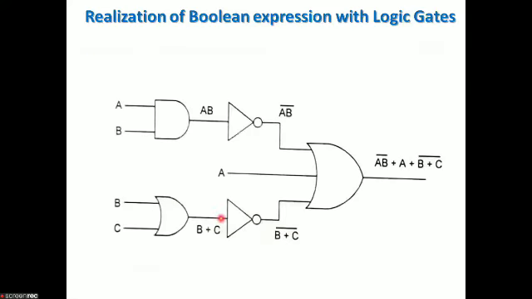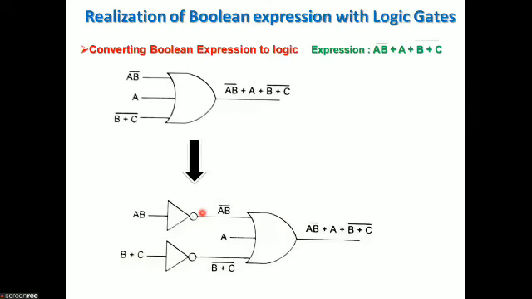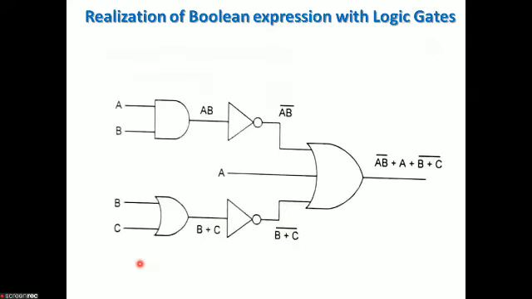Now this AB must be the output of a two input AND gate whose inputs are A and B, and also B plus C must be the output of a two input OR gate whose inputs are B and C. So we draw it like this.